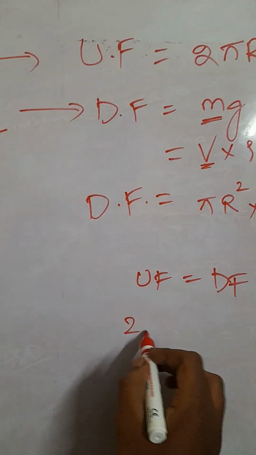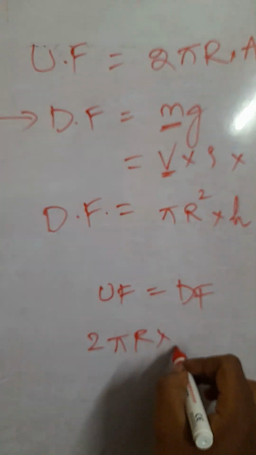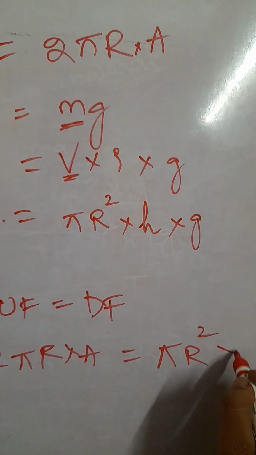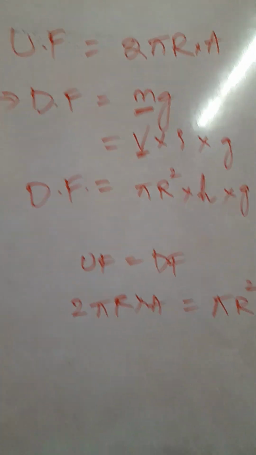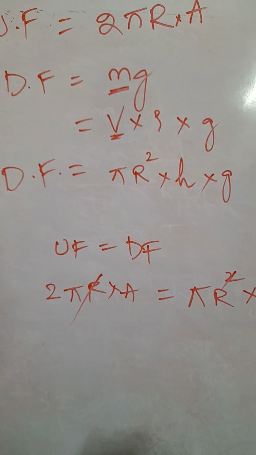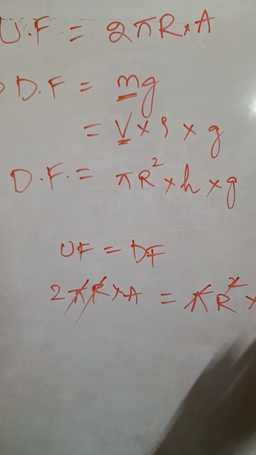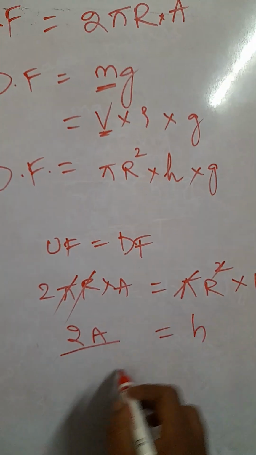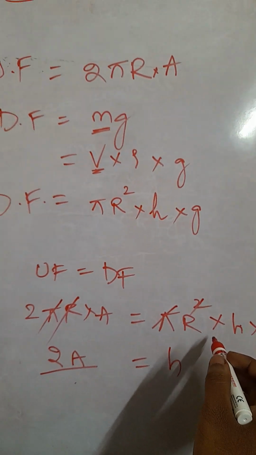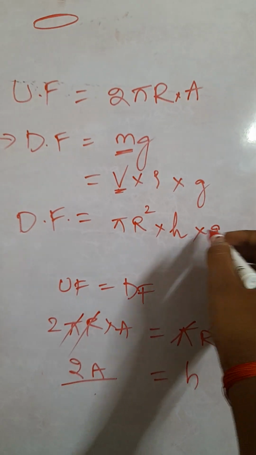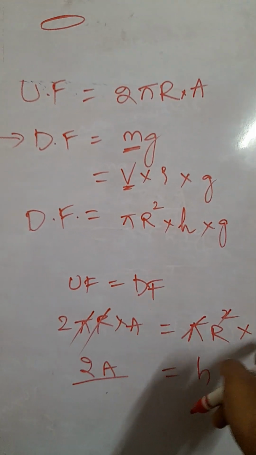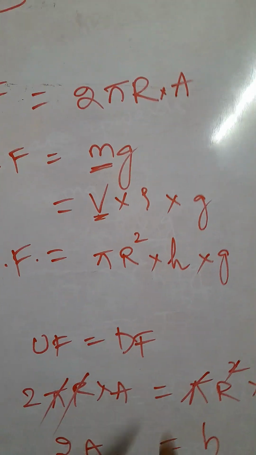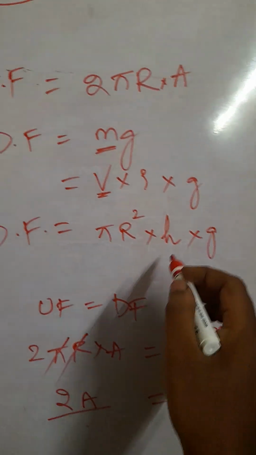Upward force we got as 2 pi r into A. Downward force we can write as pi r square into h into g. Okay, I think I missed rho.